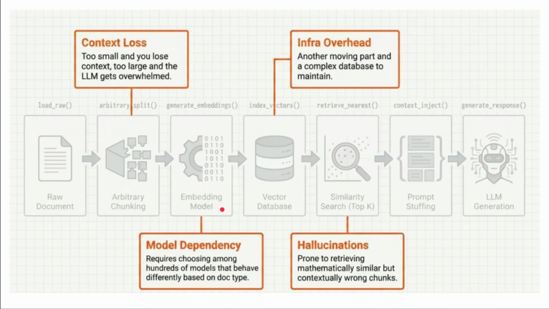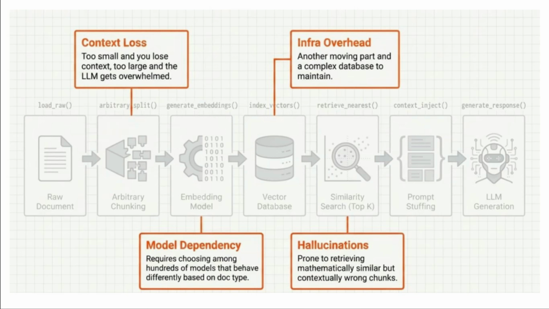Depending on your document type, you need to choose one. On top of that, you need to set up a vector database. That's another moving part. Another thing that can break. After that, you need to worry about hallucination from irrelevant chunks being retrieved. And after all of these things, sometimes the answer is still wrong because the retrieval step has pulled the wrong context.